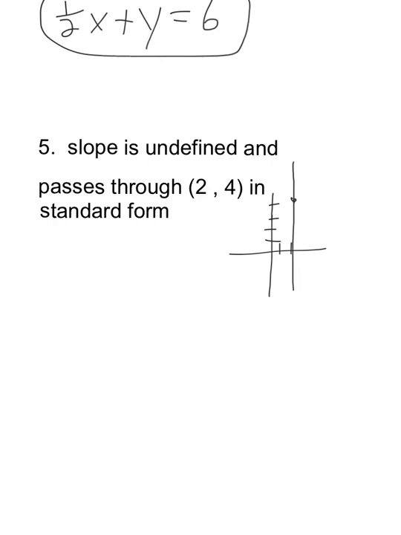So the only thing that it's touching is the x-axis. So the equation would be x equals 2. It's touching 2 for the x value anywhere along that line. So anytime I have an undefined slope, it's going to be an x equals. If it was a 0 slope, that would be a y equals because it would be a horizontal line. But that's as far as that one will go.